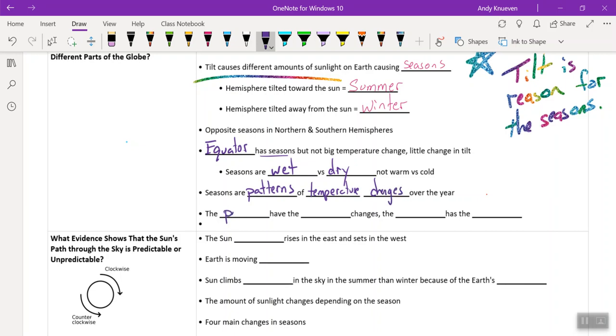The poles have the biggest or the greatest change. The equator has the least.